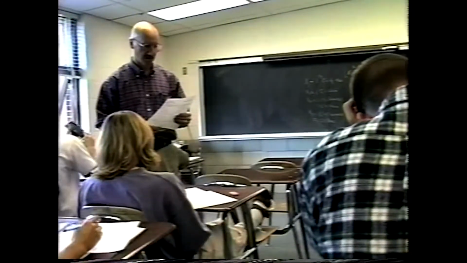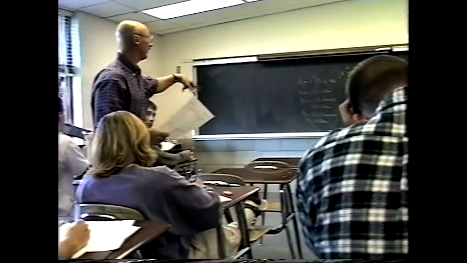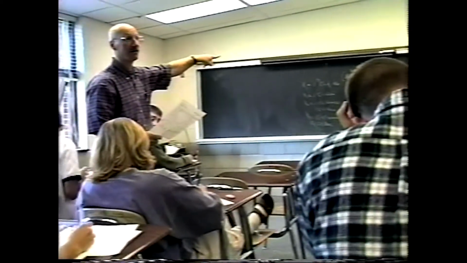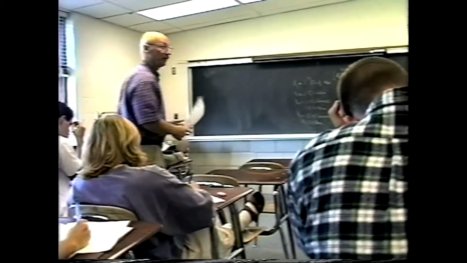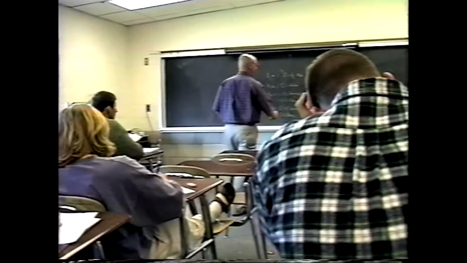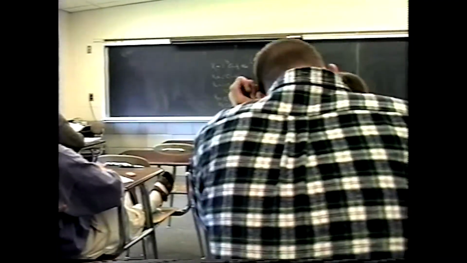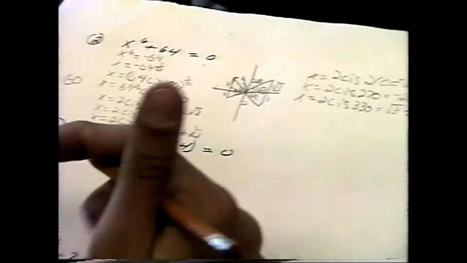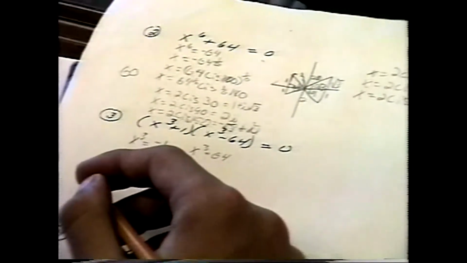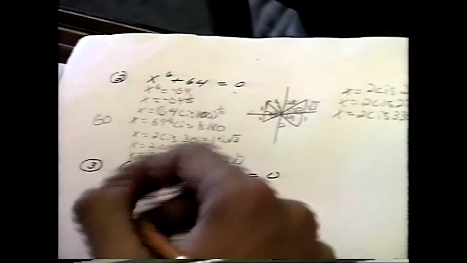All set on that? And then, once I'm done with that, I can do the second factor. X cubed equals 64, or 64 cis 0, then cis 120, and the third one is cis 240. Okay. And then you can convert those to rectangular form, and I have that down for you.